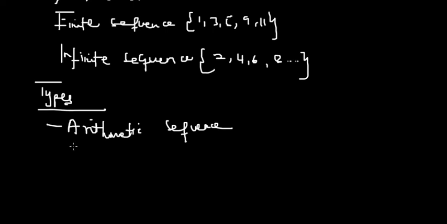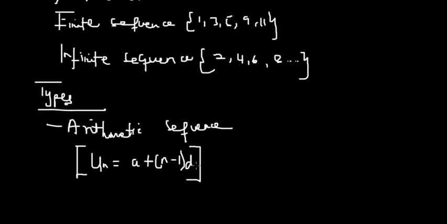We have the sequence U_n equals a plus (n minus 1) multiplied by d. I will explain what these are.